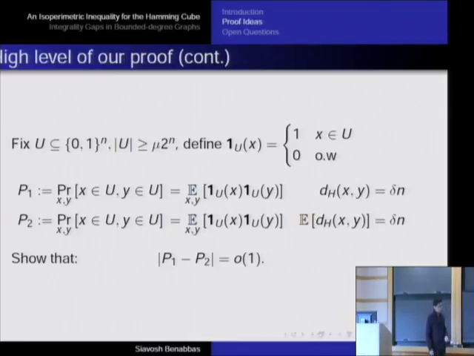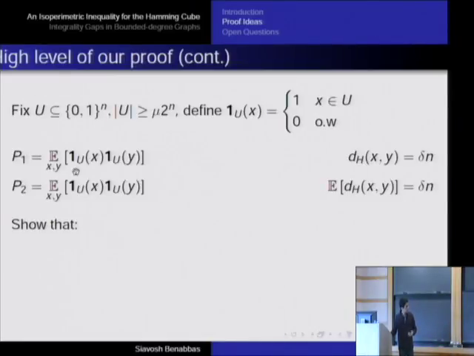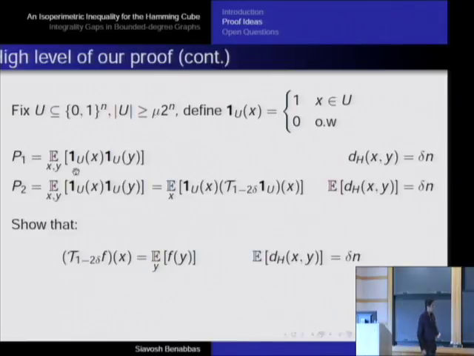And as it turns out, the second expectation is a well-studied kind of object. You can think about it as there is this standard important linear operator called the Bonami-Beckner operator. So this is a linear operator acting on these functions.